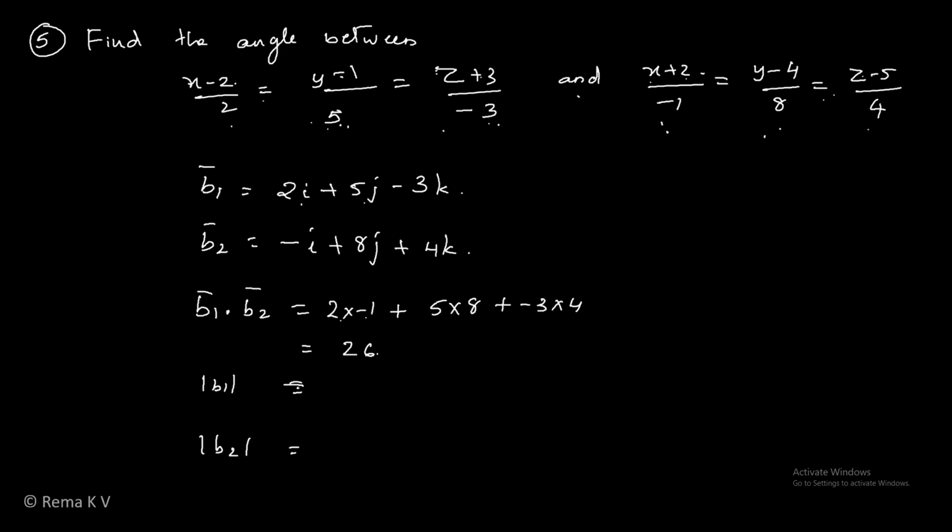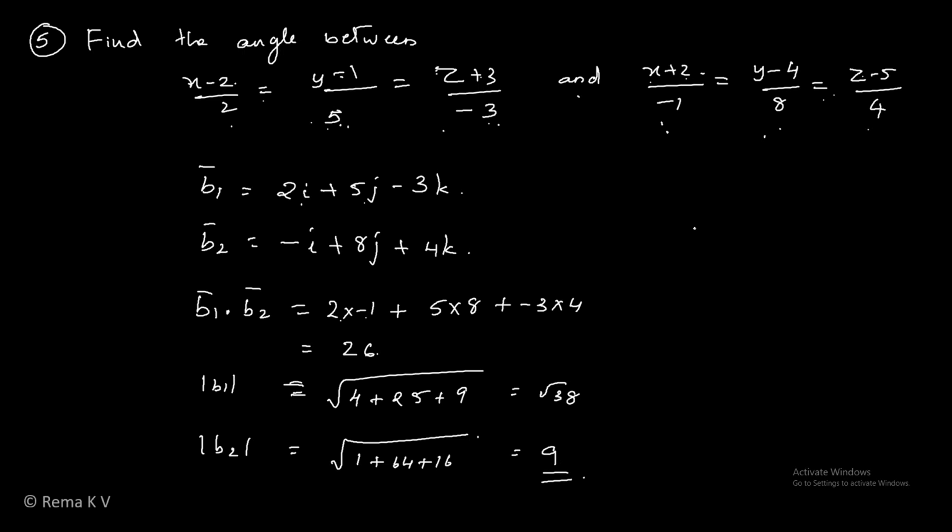Now modulus of b1 is root of 2 squared, that is 4 plus 25 plus 9, which is root of 38, and modulus of b2 is root of 1 plus 64 plus 16, that is equal to 9.